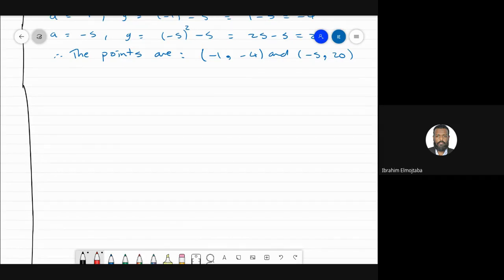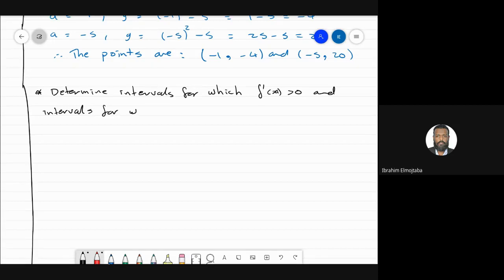Determine intervals for which f dash is positive and intervals for which f dash is negative. أيوة، right. والسؤال يقول determine intervals for which f dash of x is positive and intervals for which f dash of x is negative.